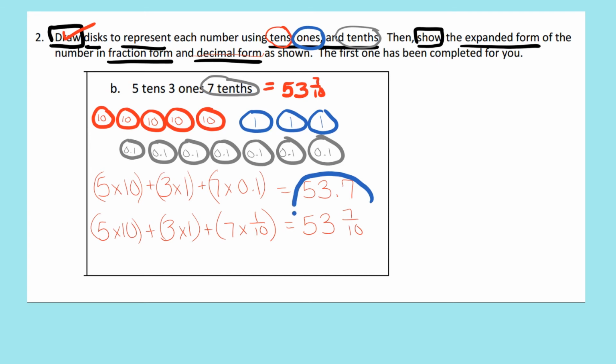Both of these numbers mean the same thing. We're just practicing writing them in different forms. So if I go back, I've drawn the discs, I've shown the expanded form in both decimal form and fraction form, and so I know I'm done.